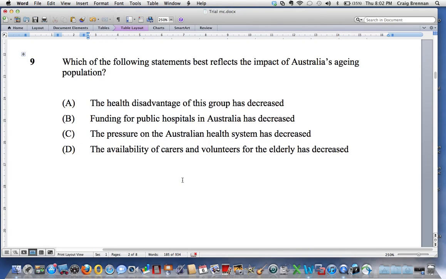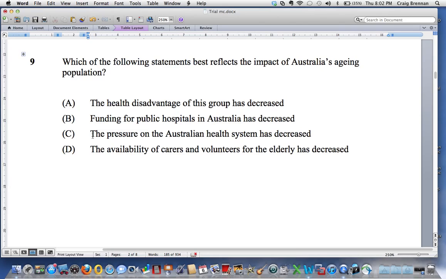Number 9, which of the following statements best reflects the impact of Australia's ageing population? So we're looking at Australia's ageing population. The health disadvantage of this group has decreased. Doesn't really make much sense to me, no. Funding for public hospitals in Australia has decreased. The pressure on the Australian health system has decreased.